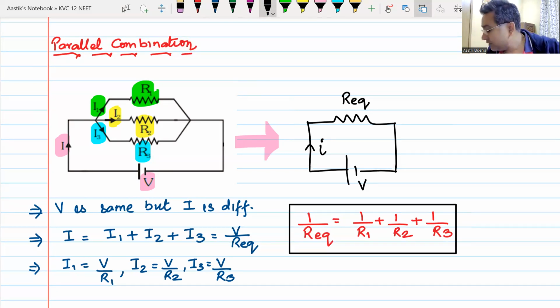Voltage is same, but current across each resistor is different. Do we understand this? Yes, sir. Okay, I'll give you 1 minute to note these things down. Once you are done, please let me know.